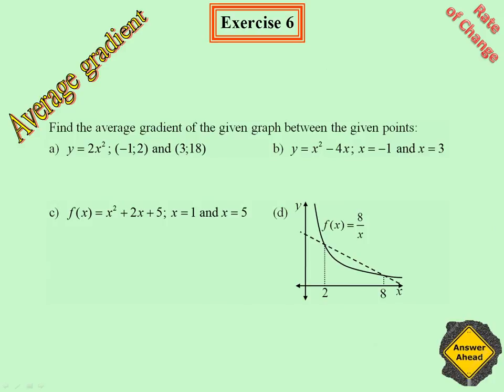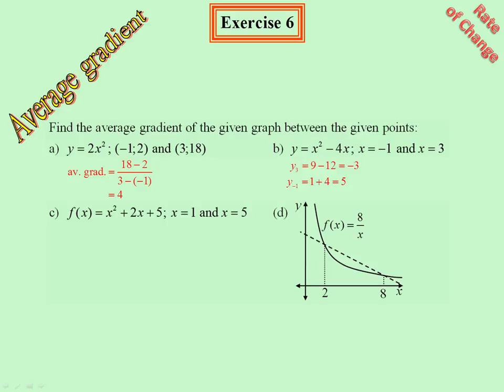Exercises for you to try. In this first case, we have the x and y, so we just apply the gradient formula. In B, we need to substitute to find the y's. Notice once again that useful suffix, y3, so I'm saying y when x is 3, y when x is minus 1.